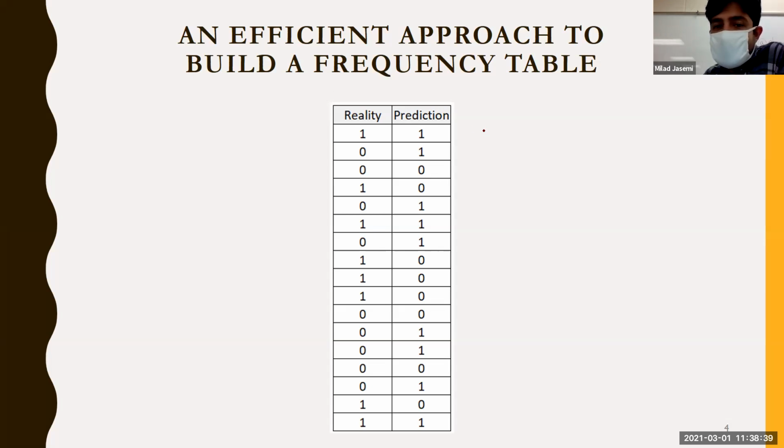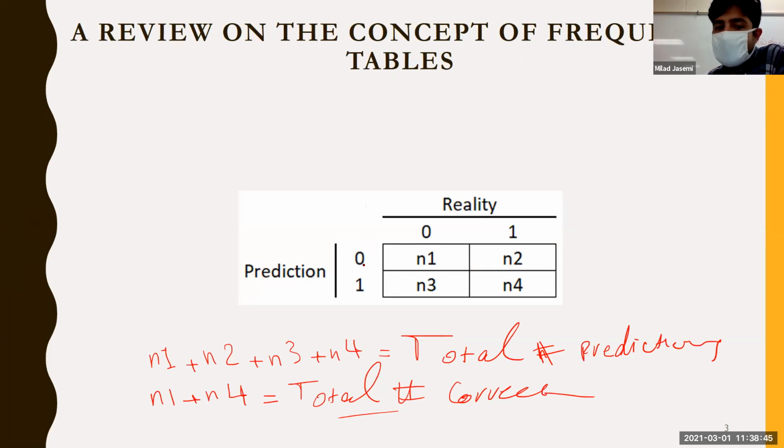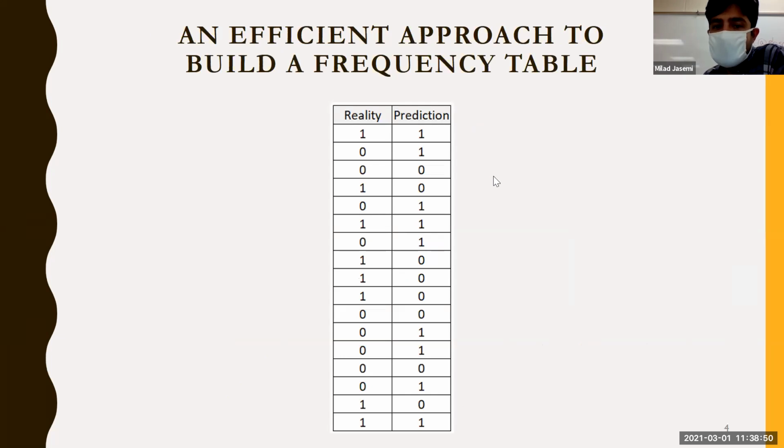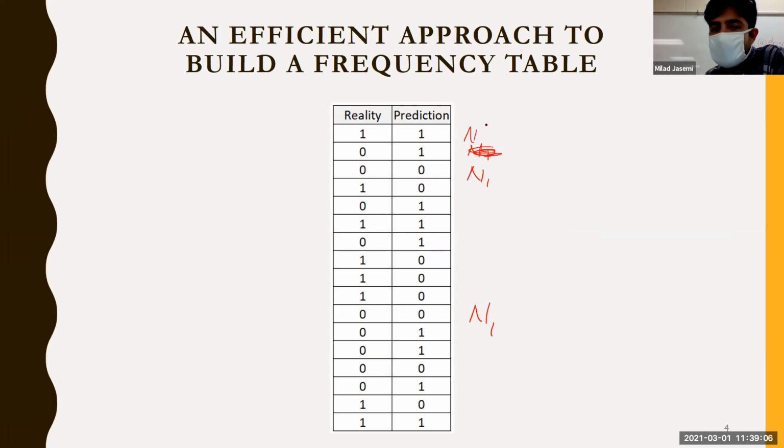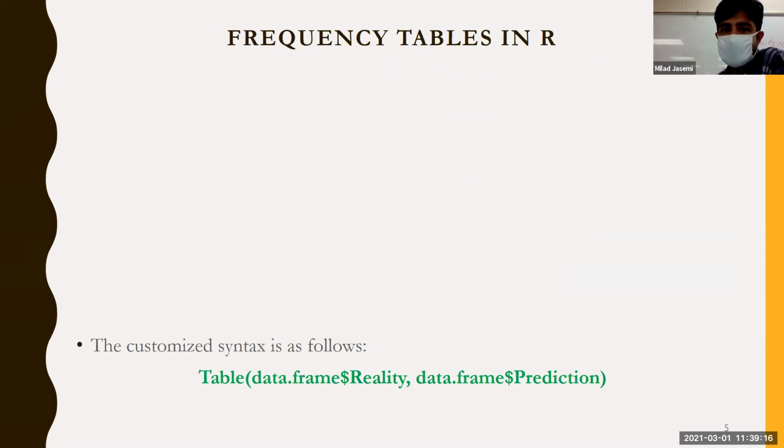So when you see such a thing, when it is 0, 0, it belongs to the N1 category. So quickly you put N1, N1, and like that. When it is 1, 1, it belongs to N4, and like that. So with that, you can create all those things, but it talks about an efficient approach to build that, and R also does the same thing.